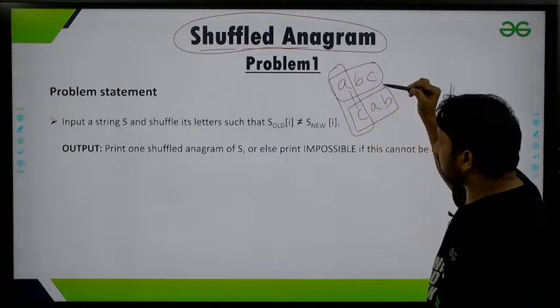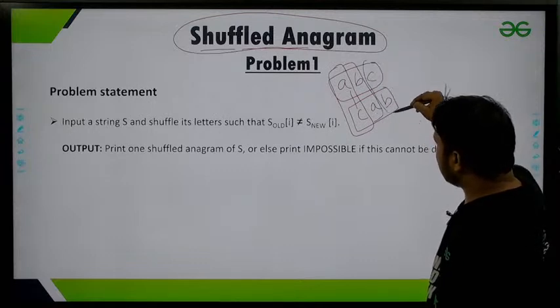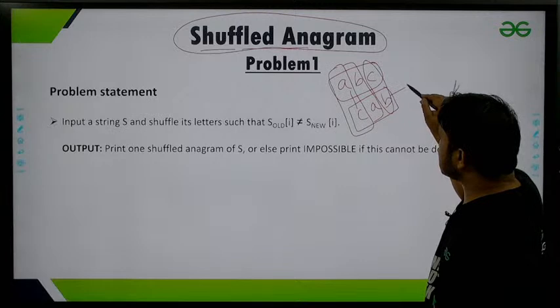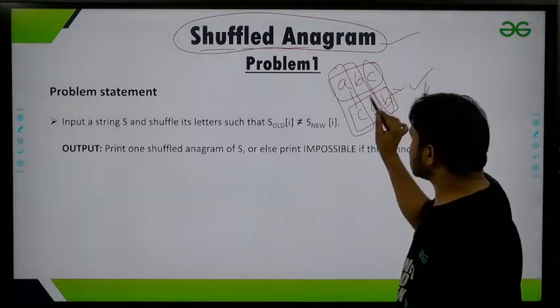See, A and C are not matching, B and A are not matching, C and B are not matching, which means this is the shuffled anagram according to the question.